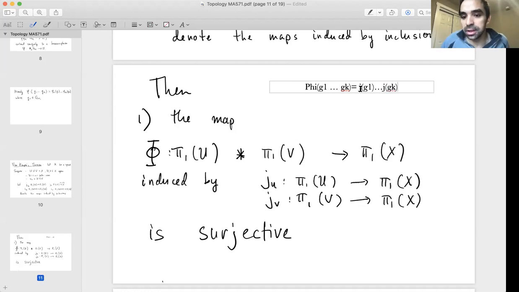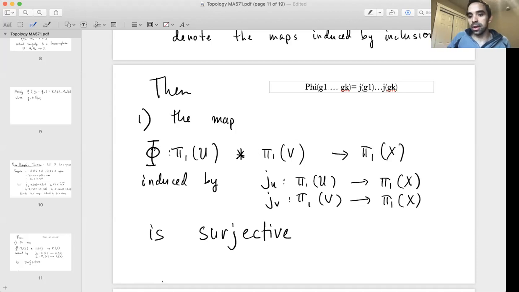I'll omit the notation, the U and V, here. But of course, this is j_U if g_i lives in pi 1 of U, or j_V if g_i lives in pi 1 of V, right? Okay.